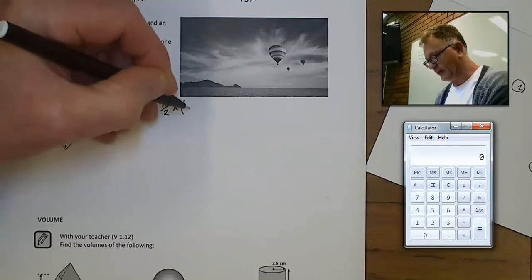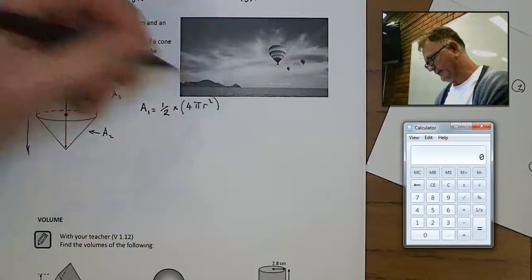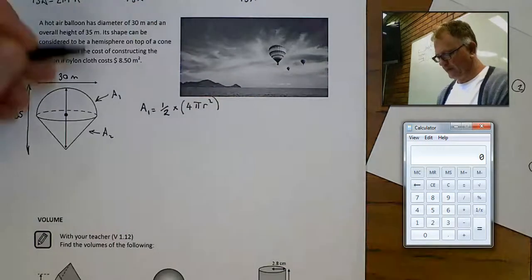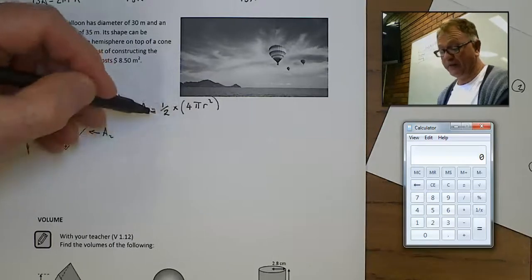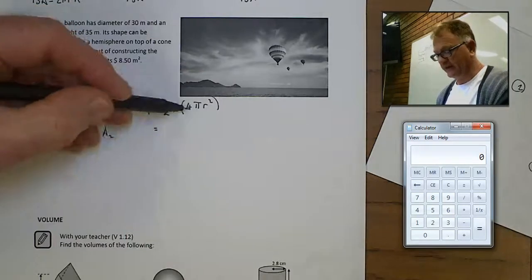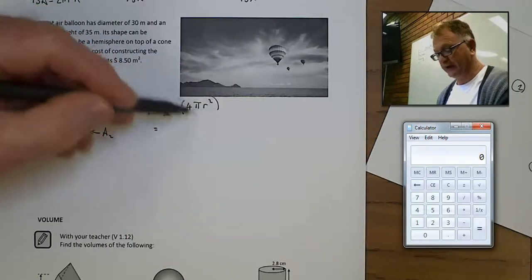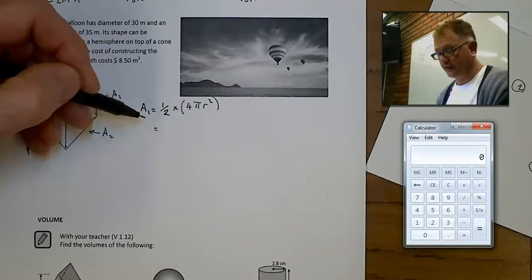Now for a whole sphere it's 4 pi r squared. If I multiply that by half, some of you will figure out that just means instead of 4 pi r squared, we're going to have 2 pi r squared. That's fine to do it that way. If you're a little unsure of what you're doing there, just leave it as 4 pi r squared, work out the area of a whole sphere, and then times it by half. That'll be fine as well.